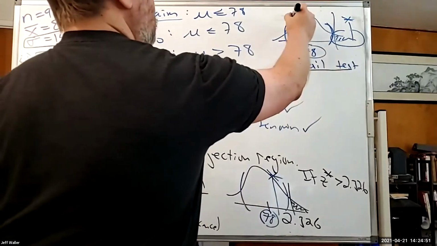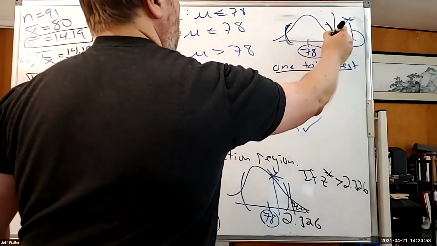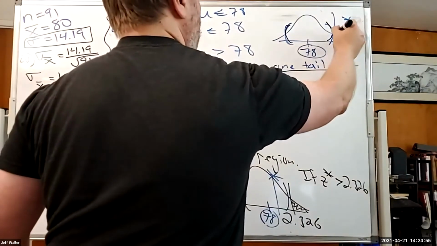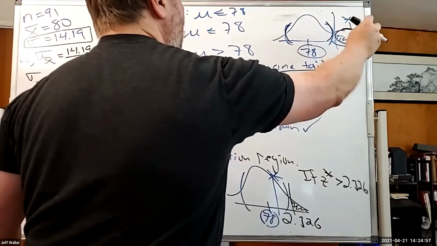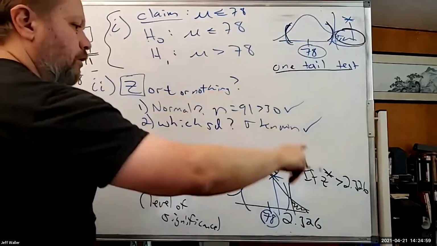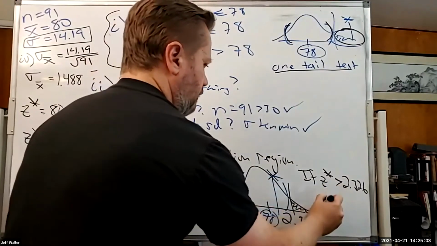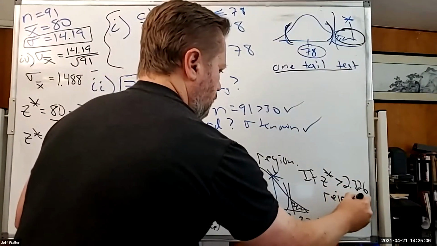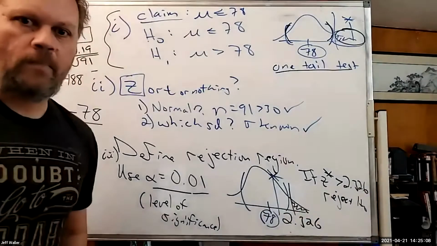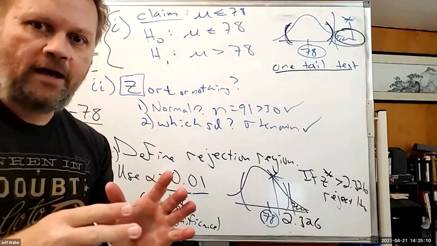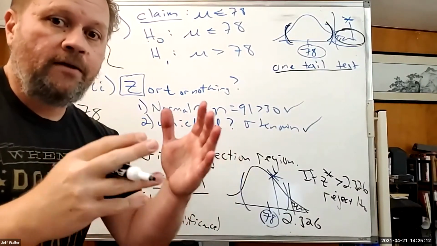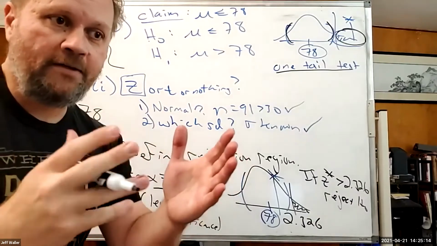The null thinks things should be here. So anything that shows up outside of there is evidence against it. So if I would have gotten a Z star greater than 2.326, I could reject the H0, which means I could have supported the H1, right?